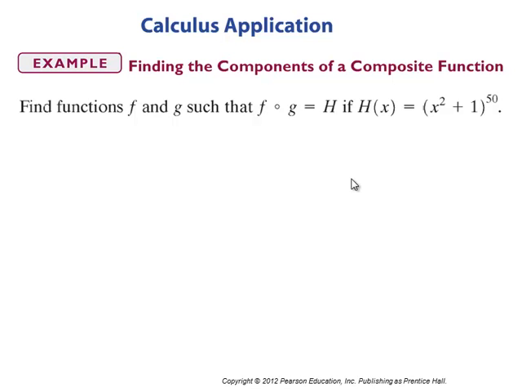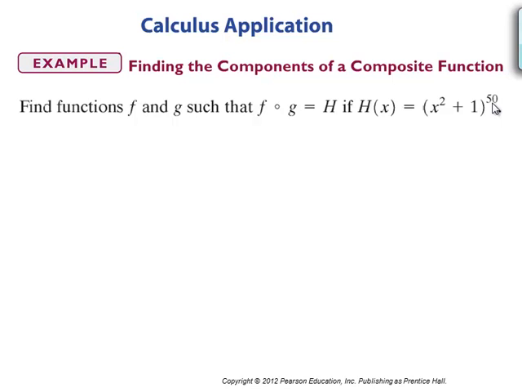Now, if you have a complicated function, you could write the function as a composite function. And for those of you going on to calculus, this is going to be an important skill. So suppose that you have, for example, the function x squared plus 1 raised to the 50th power. How can you write that as a composite function? Well, there are various options.